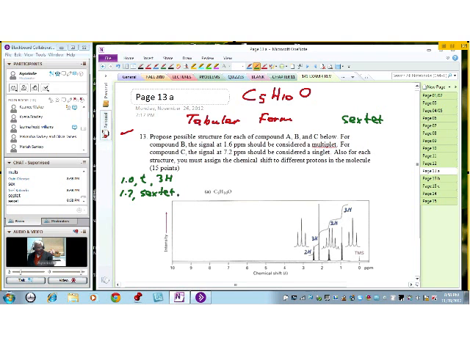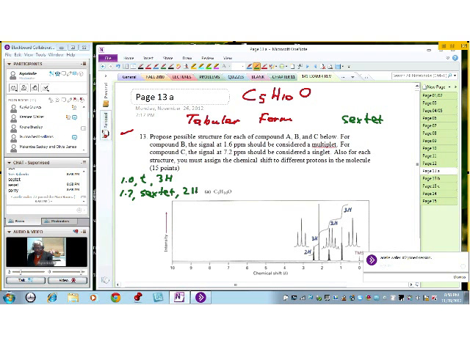Sextet, because it is 6. And then the number of hydrogen is 2. Okay, what is the next one? Chemical shift? 2.1, okay, good.